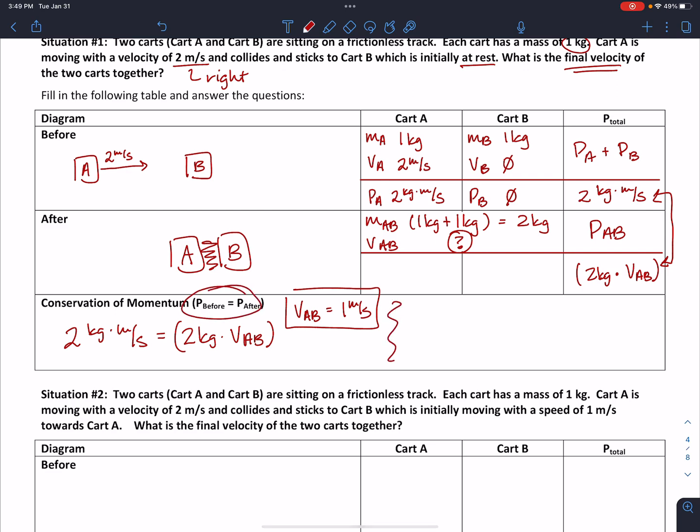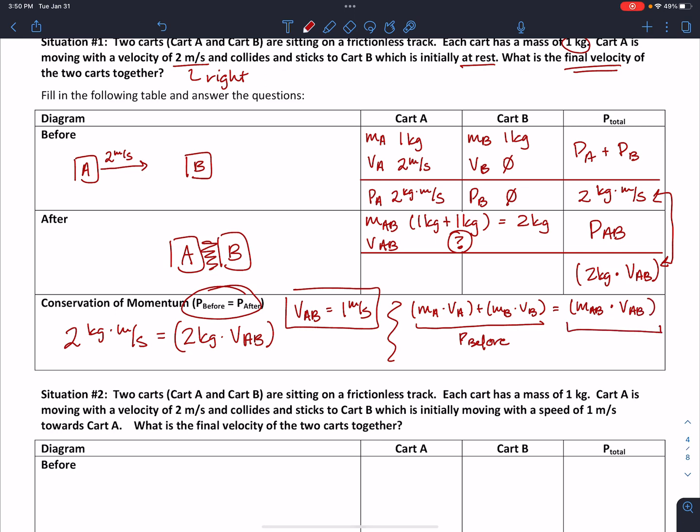Now, the formula. We know that P before equals P after. And if we think about what we did mathematically up at the top, what we really said was the mass of A times the velocity of A plus the mass of B times the velocity of B. So this is our momentum before, and it has to equal the mass of AB, whoops, not plus, sorry about that, times the velocity of AB.